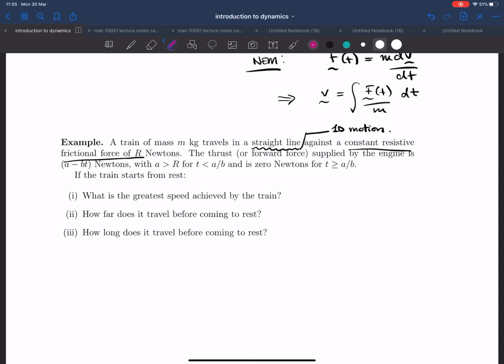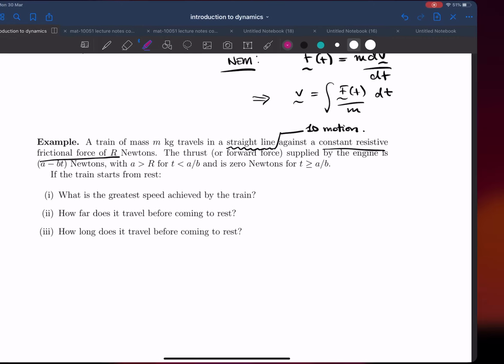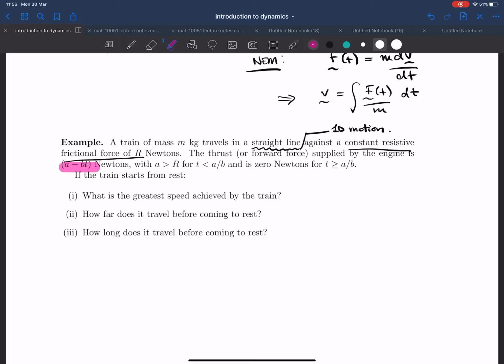This is a forward force which opposes the resistive force, and it is given by this expression when t is less than a over b, where a is greater than R, the magnitude of the resistive force. After t equals a over b, this forward force is 0, so we have 0 when t is greater than or equal to a over b.